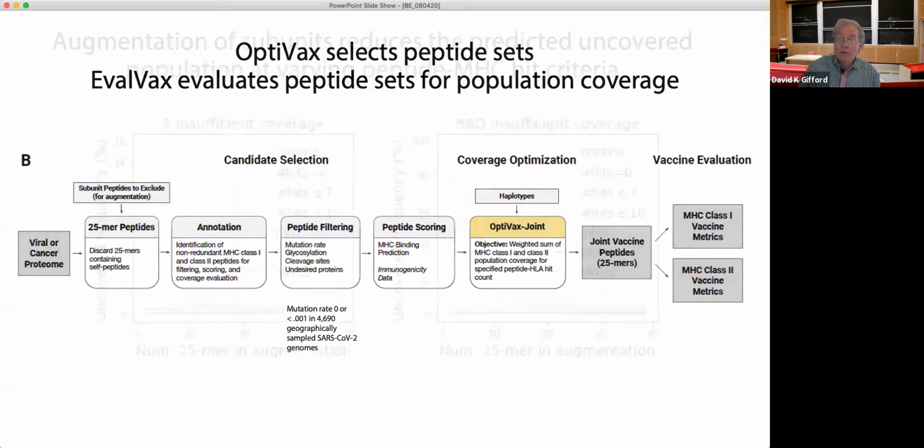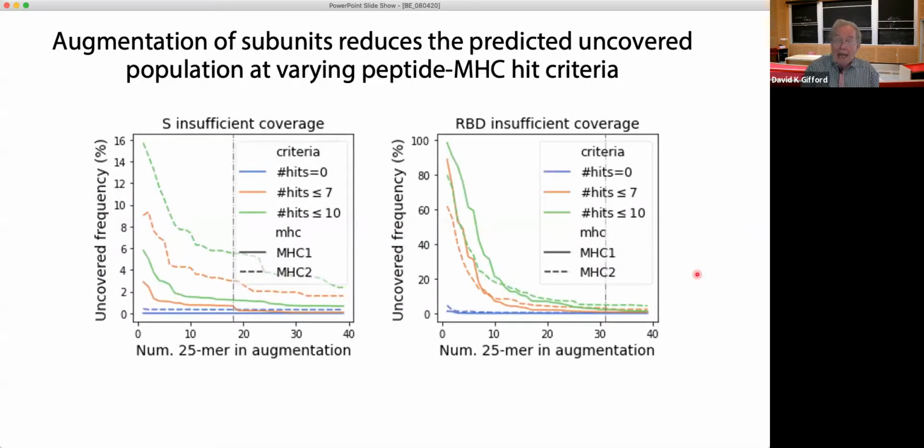So with this approach, we can add augmentation peptides, and here's a plot showing the number of additional 25-mers that we add to the spike subunit and how it decreases the uncovered frequency in the population. What you can see here, the different lines correspond to MHC1 and MHC2. MHC2 are the dotted lines, and the color indicates the number of required hits.